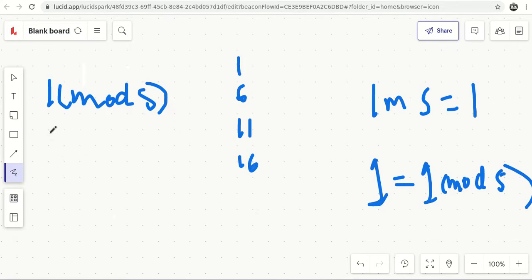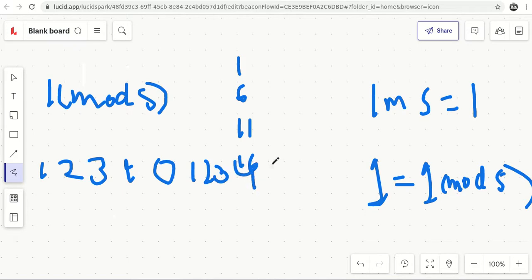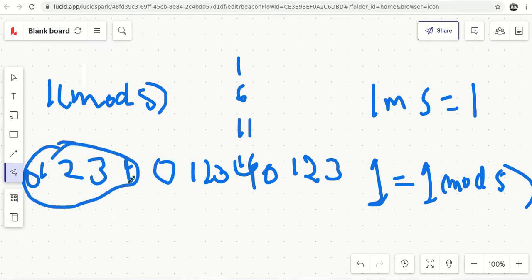If we put numbers from 1, 2, 3, 4, 5, then we get 1, 2, 3, 4, 0, 1, 2, 3, 4, 0, 1, 2, 3. So this pattern, if we had a 0 here also, is repeated after some time. This length is called the period.